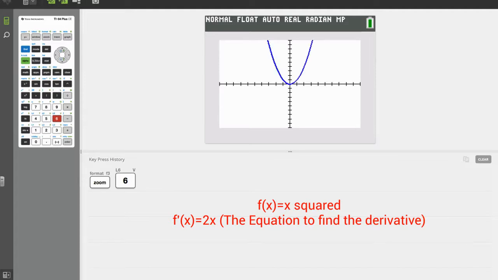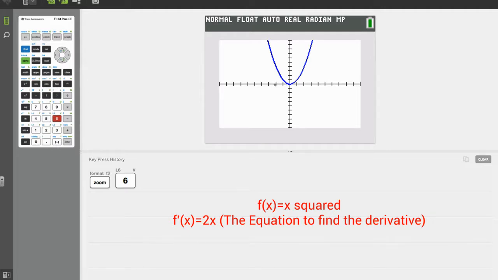And so if you're looking at this, we have a parabola here, and we want to know the slope anywhere on here. I know that my equation to find the slope at any point on this curve is 2x. It's the derivative. So let's say I needed to know what's the slope of this curve at -2.